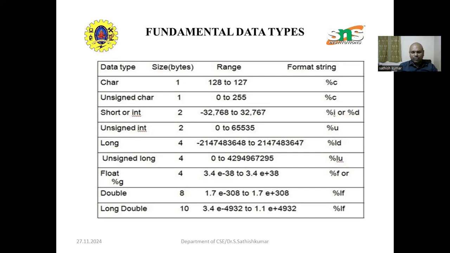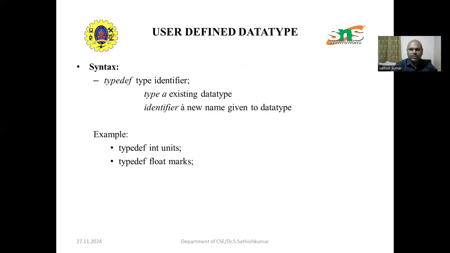Likewise, float is 4 bytes, holding 3.4e-38 to 3.4e+38. Double is 8 bytes, 1.7e-308 to 1.7e+308. Long double is 10 bytes. Then there is the user-defined data type.